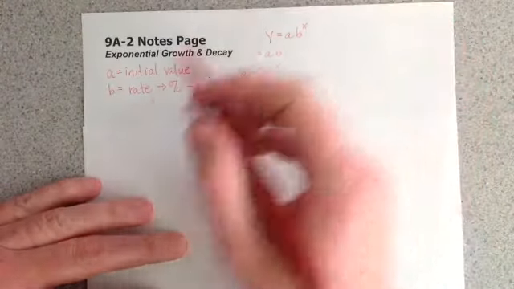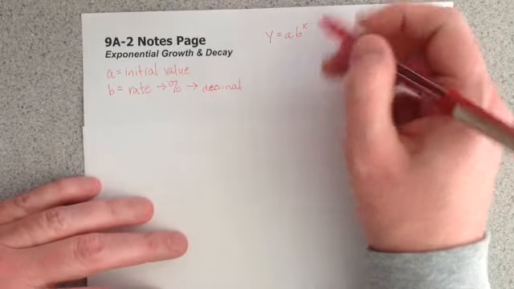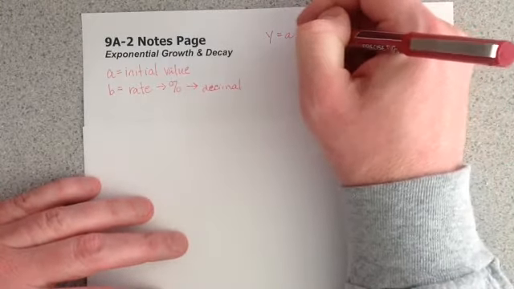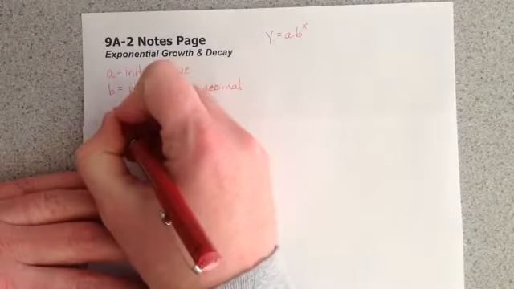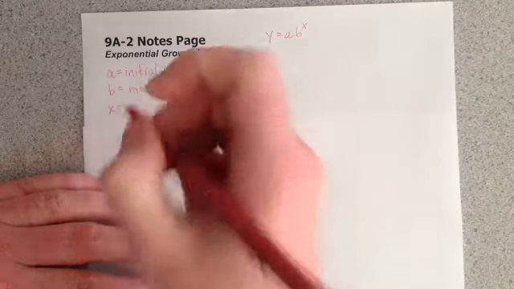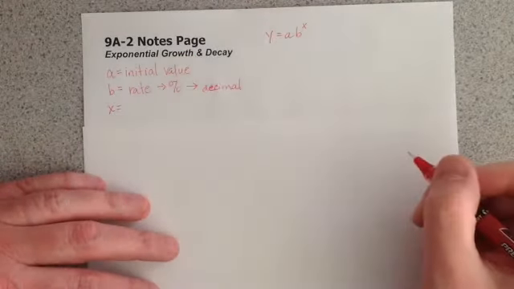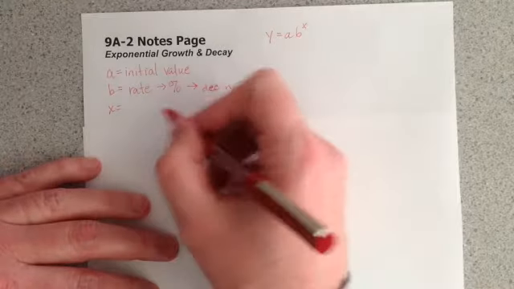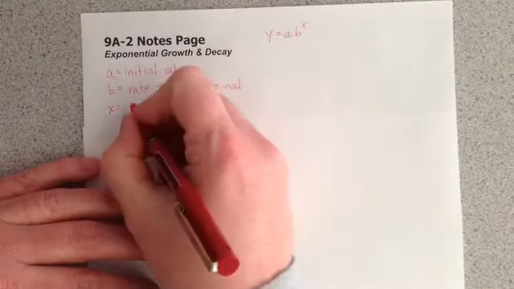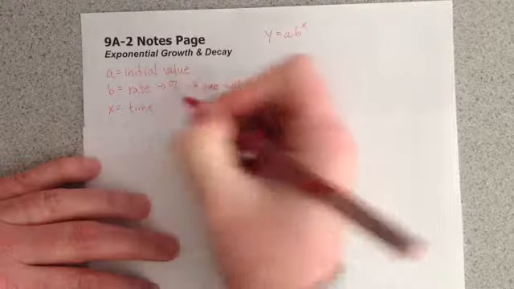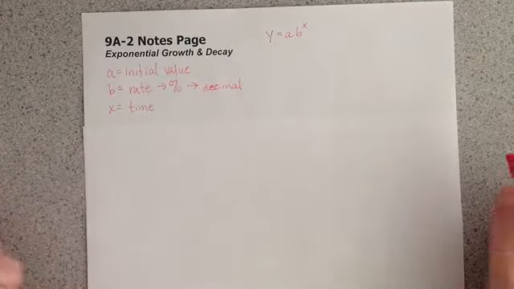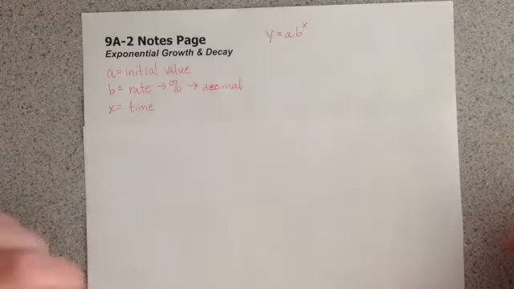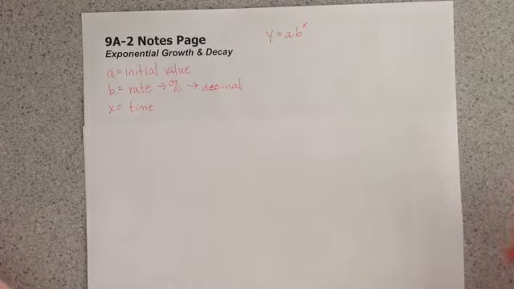Either way, you've got to change that rate from a percent to a decimal. And then x, for the most part, when we deal with exponential functions in the real world, x is time. And that could be in days, hours, minutes, weeks, depends on what you're talking about. But the x is going to be time.